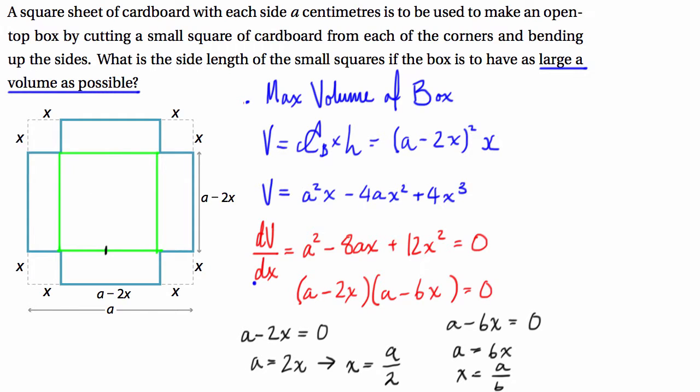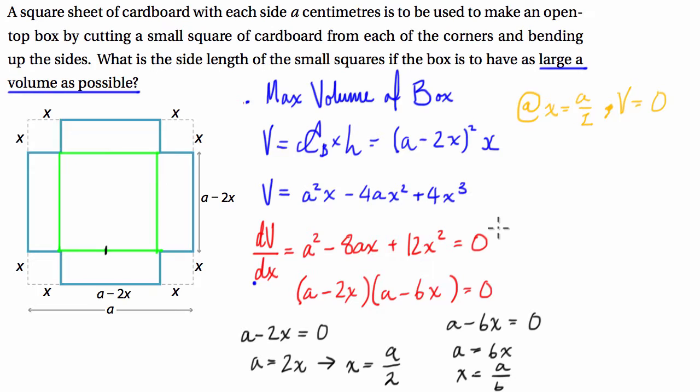So let's write up here a little note to ourselves. So we've got at x equals a over 2, if we cut out half of the side lengths for each of the heights, the area of the base is going to equal 0. So as a result, the volume will equal 0.